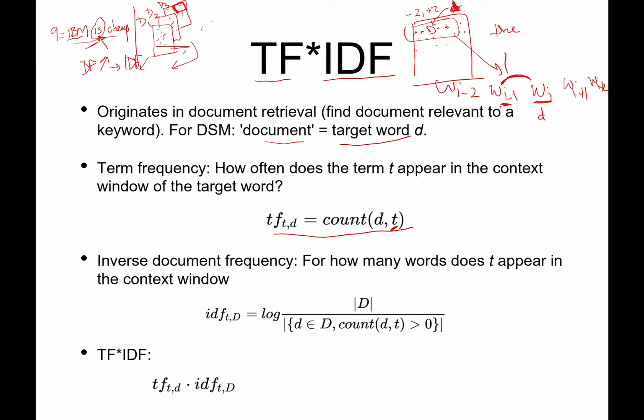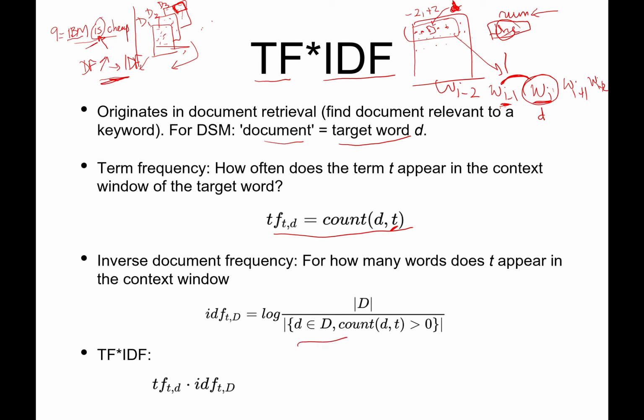If the word w_i minus 1 is a different kind of word, like for example the word run, then I'm not going to find that many words. I'm going to find at least much less than the word the. Okay, so this means that this is more discriminative because it helps me more identify the semantics of this word than this word here. And then I'm going to do the same thing as we said here. I'm going to take the inverse of that.